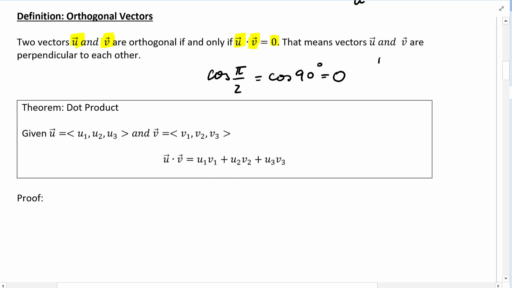So our vectors must be perpendicular. If two vectors are perpendicular, their dot product is 0. If the dot product is 0, then the vectors are perpendicular.